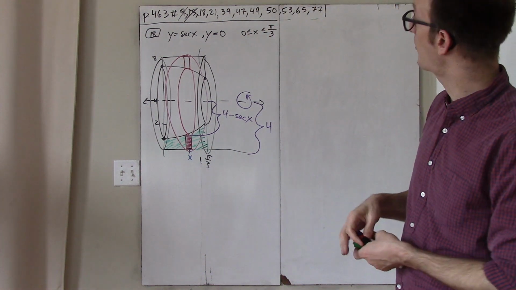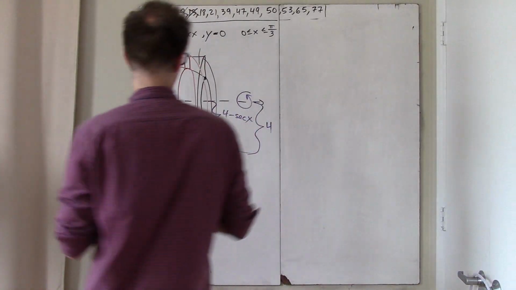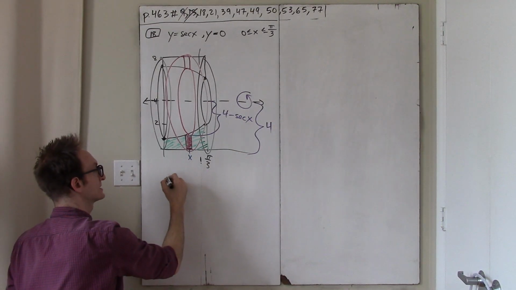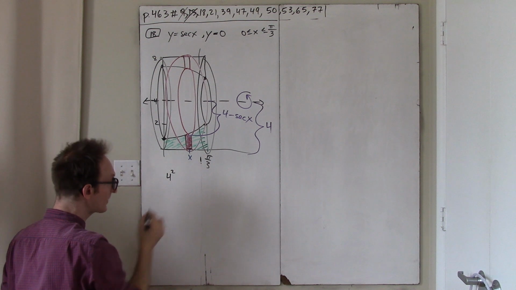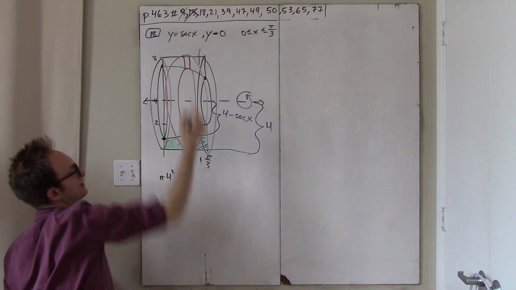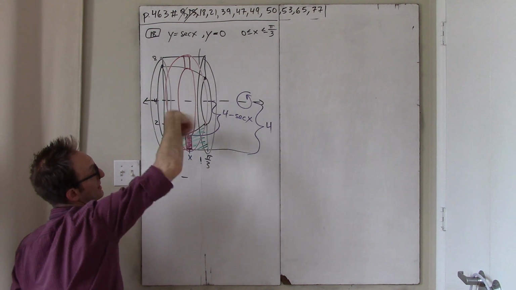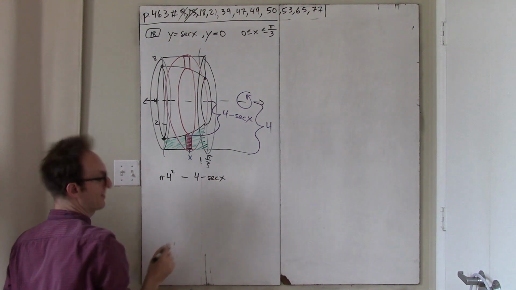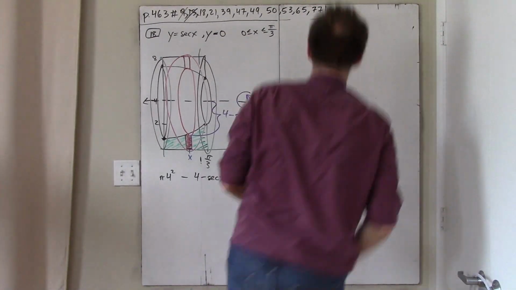Therefore, I might be able to squeeze this in this one board. I'm going to take the outer radius squared, multiply by pi, so pi r squared gives the area of the big red circle, minus the area of the little red circle, so that's 4 minus secant. Take it back, I can't do this in just one board. I remember this problem now.